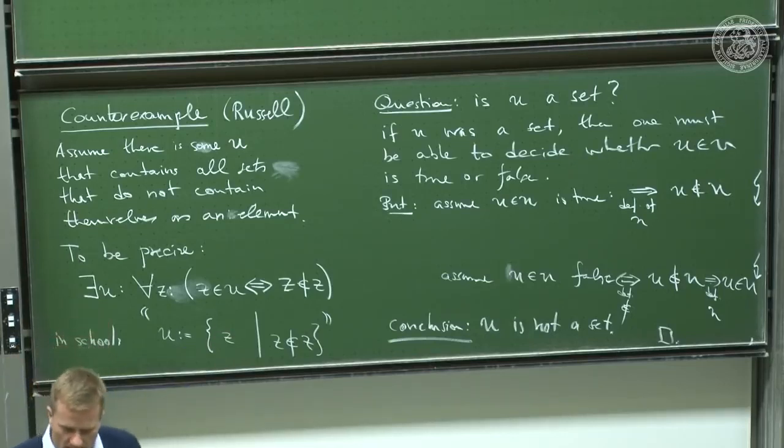And Russell, after they wrote these two books, and he discovered this contradiction, this antinomy, he actually couldn't sleep well, and he had nightmares about the big Cambridge library, people taking the two volumes and throwing them out of the window and stuff, and it's all his life's work and so on.